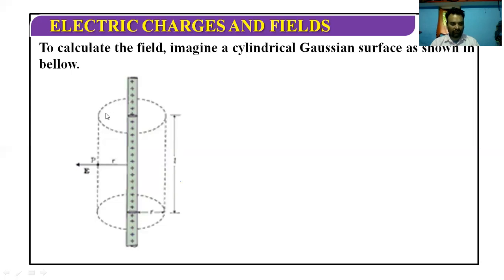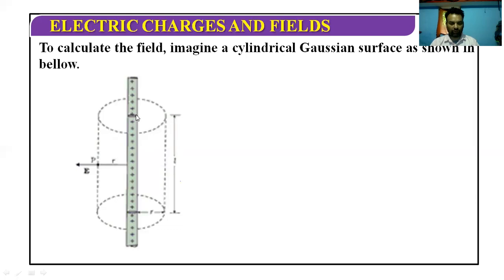So enclose this rod into a Gaussian surface, and for a rod, the Gaussian surface is a cylindrical surface. Okay, so the Gaussian surface जो हमें choose करना है, वो हमारी रोड को पूरा enclose करे, पूरा enclose.